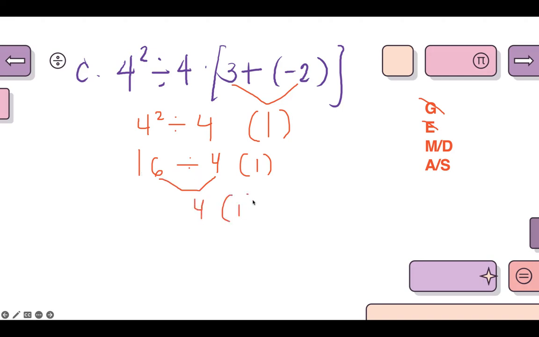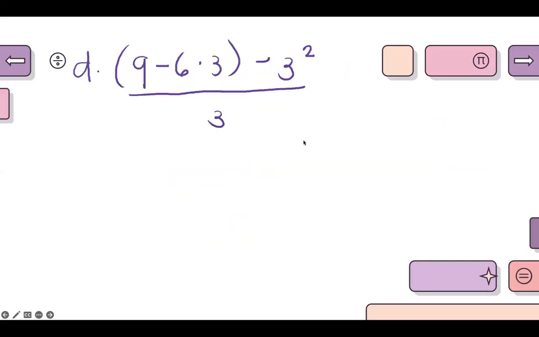Bring down the remaining number or just copy it. Then 4 times 1, we're still here in the third part. So the answer now is +4. So 4 squared divided by 4 times the quantity of 3 plus -2 is equal to 4.